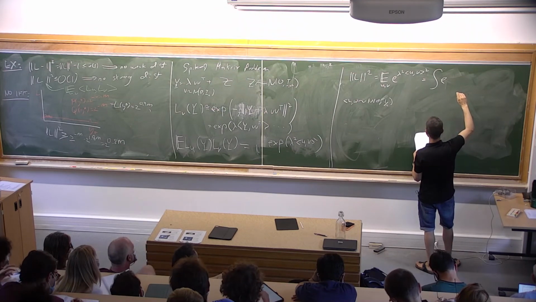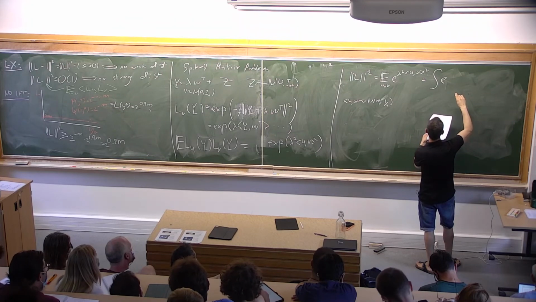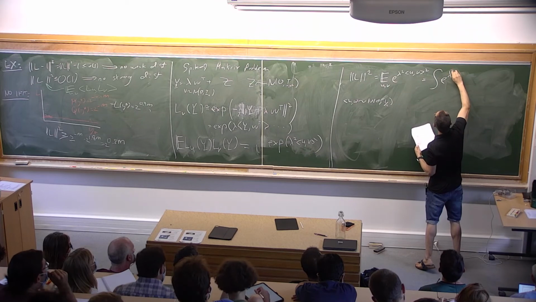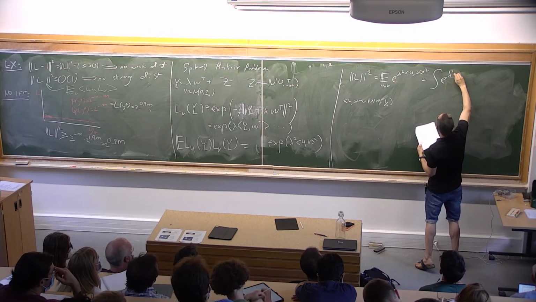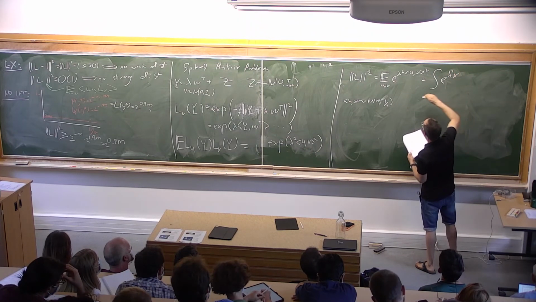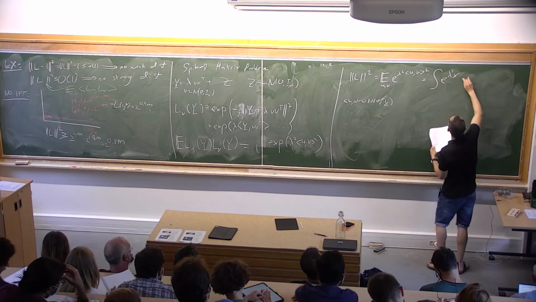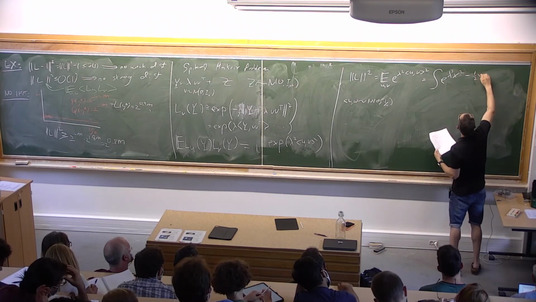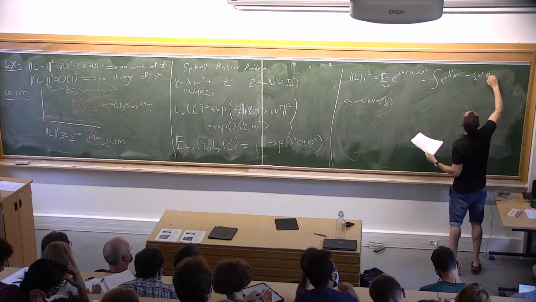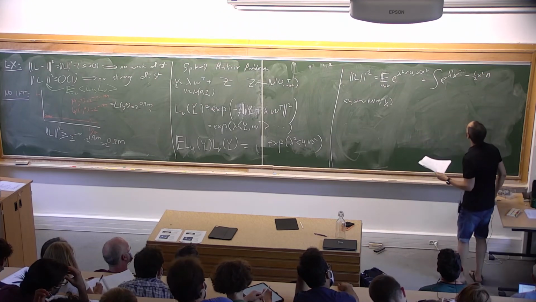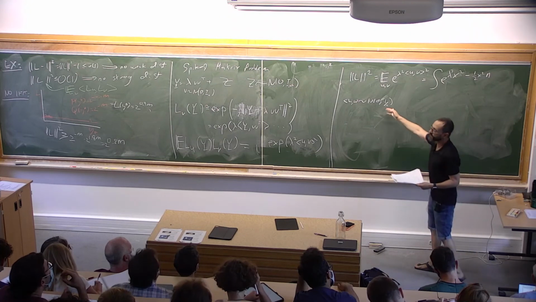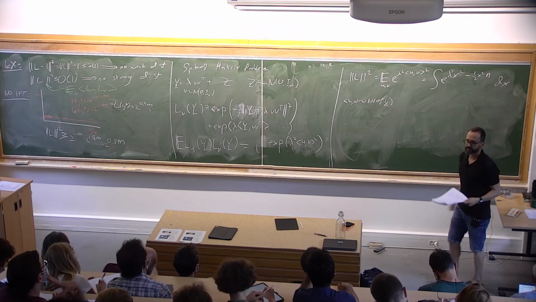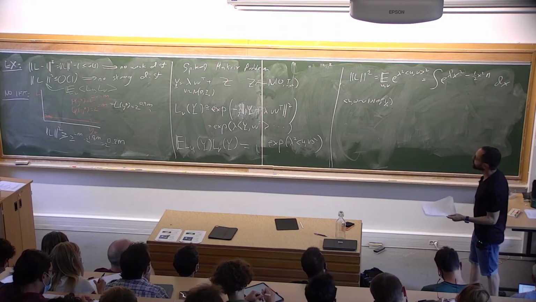So this is going to look like the integral of lambda squared x squared minus the Gaussian, but with 1 over n variance, so this is going to be this quantity.